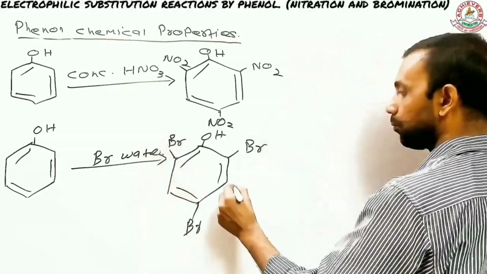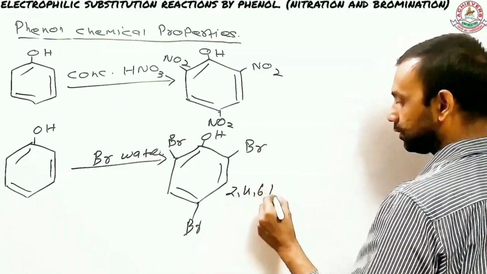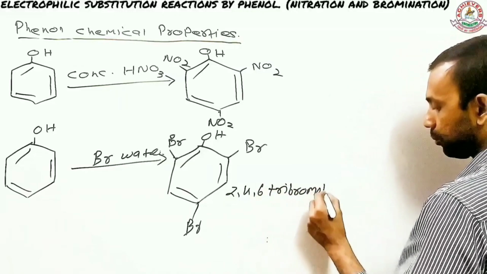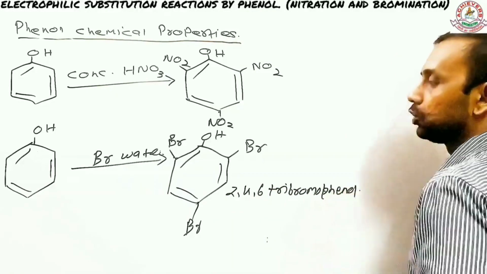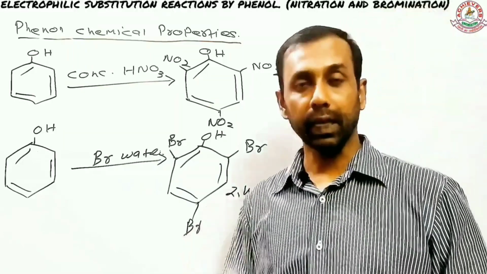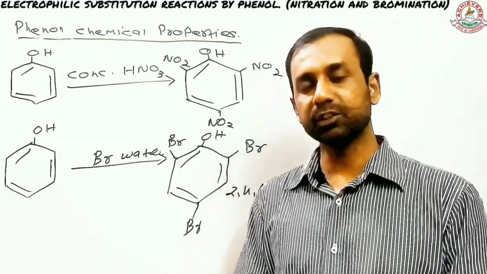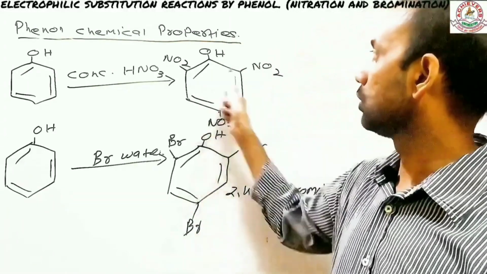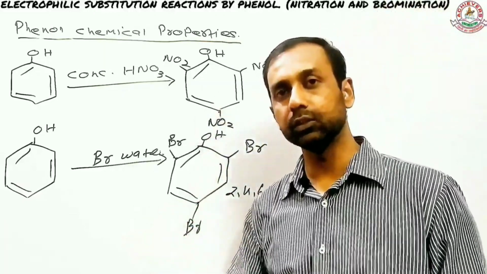This is called 2,4,6 tribromophenol. So if you increase the concentration of the electrophile, the substitution takes place at all the possible positions. There are three positions, two ortho and one para. So that's what happens when you use dilute and when you use concentrated.